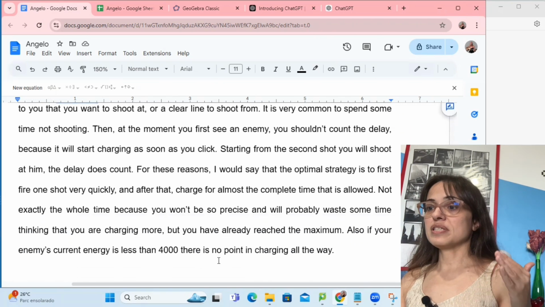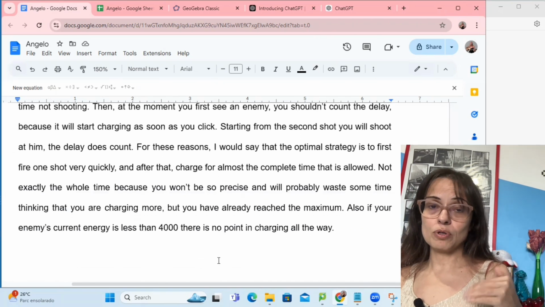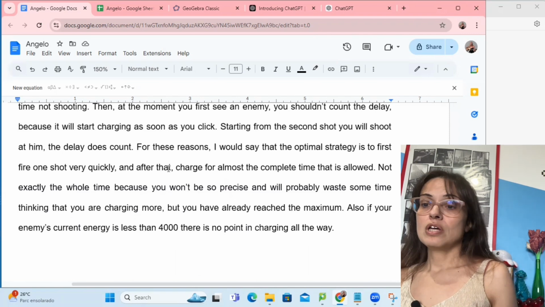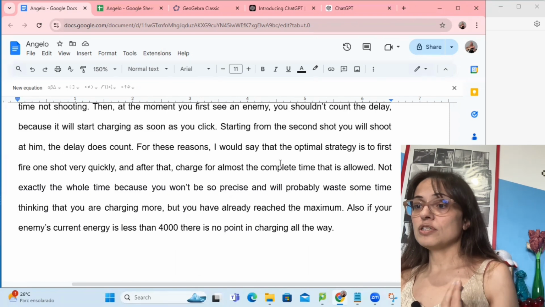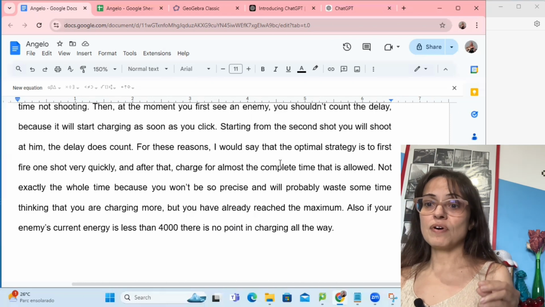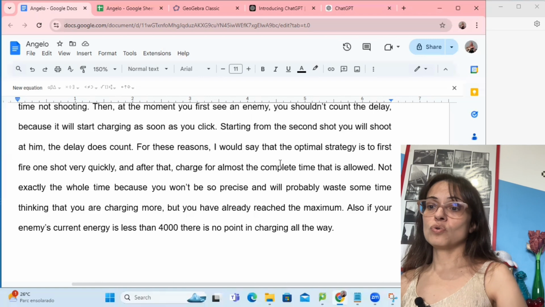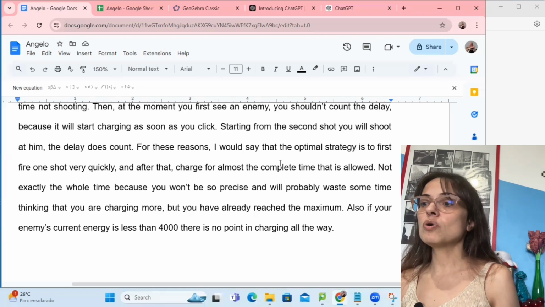So starting from the second shot, if you're going to fire multiple shots at the same enemy, then the delay does count. So for these reasons, I would say that the optimal strategy is to first fire one shot very quickly, and after that, charge for almost the complete time that is allowed, because that is optimal.